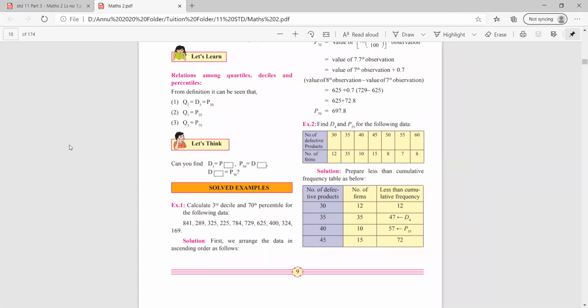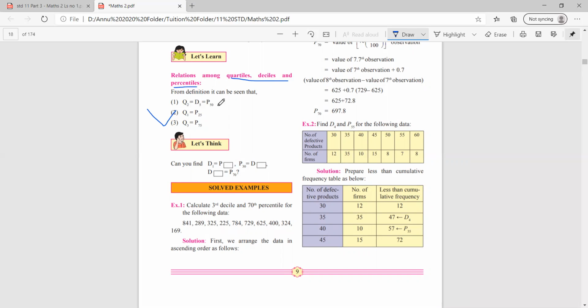Before we move on to the exercise, one important note you have to pay attention to, on page number 9. You will find this important note which you have to keep in mind, that is, relations among quartiles, deciles, and percentiles. As we studied last time, the second quartile Q2 is nothing but the median, which divides the data into equal parts.